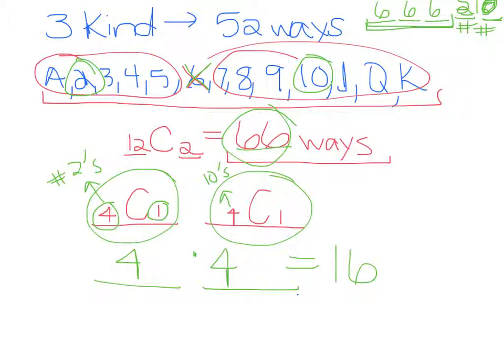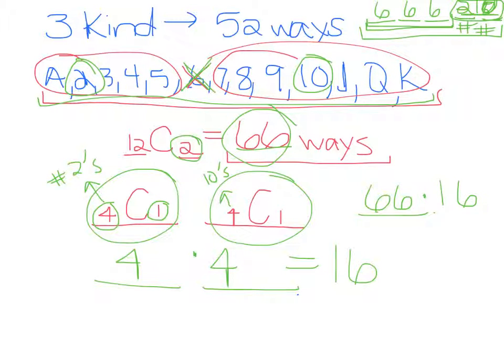And there are 66 ways that, from the 12 choices remaining after I picked my 3-of-a-kind, I picked 2 different face values. So the number of ways I can fill these last 2 slots, again this was just an example, is 66 times 16.